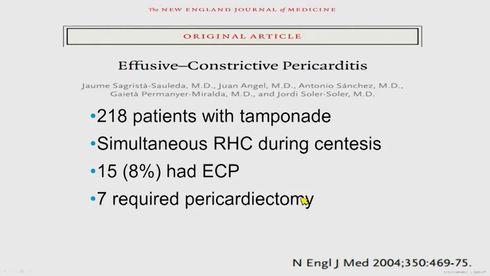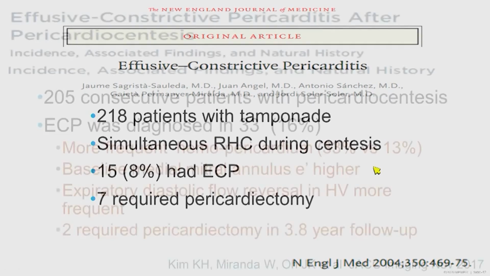We have data 20 years later showing that only 7 out of 15, that's 50% of patients, and 8% of them after pericardiocentesis had effusive constrictive pericarditis. They used right heart cardiac catheterization to diagnose that, but we now use echocardiography.